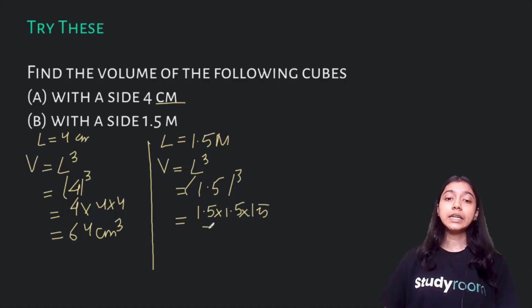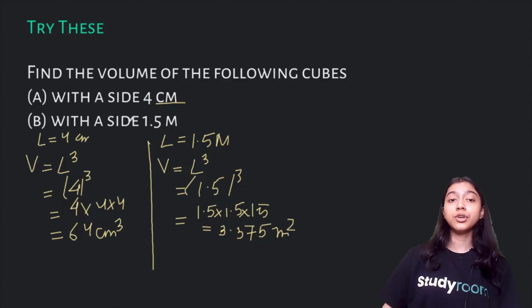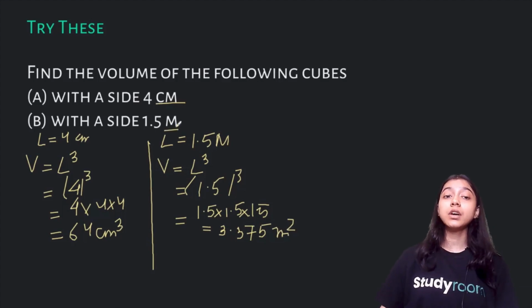This ultimately gives us 3.375, and the unit of this volume of cube will be meter cube. So always focus on the unit. If each of the side is given in meter, the volume's unit will be meter cube, and if each of the side is given in centimeter, the volume's unit will be centimeter cube.